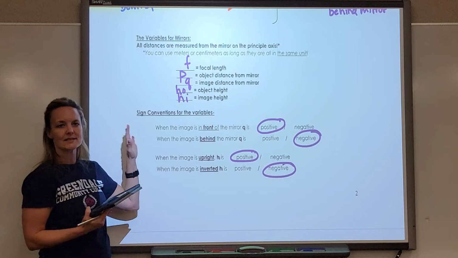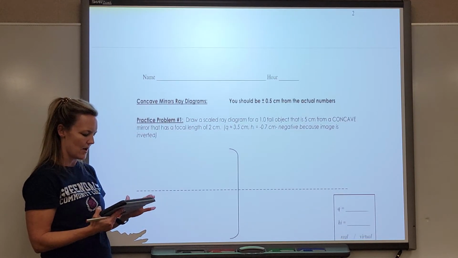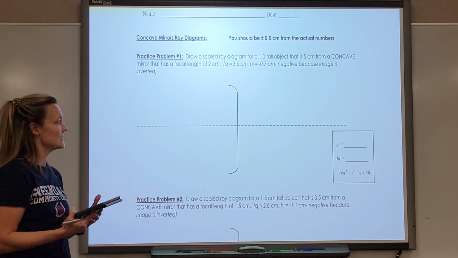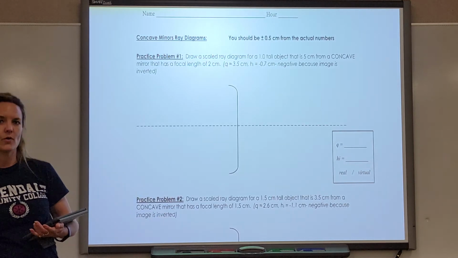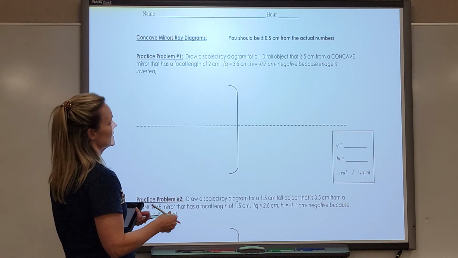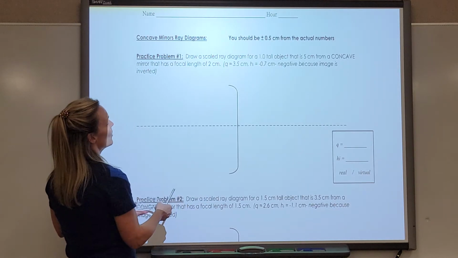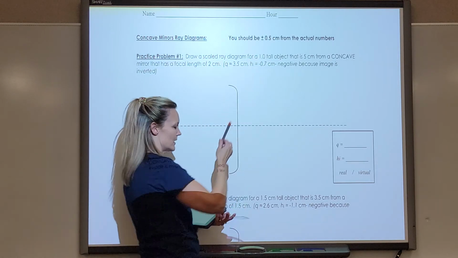All right, we are going to take all of this information and start setting up a concave mirror diagram. For here, you need some type of measuring device, a protractor or a ruler. You are going to lay out your protractor. We are going to draw a scale ray diagram for an object that's 1 centimeter tall.